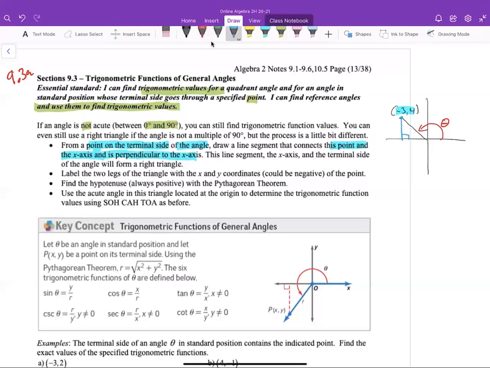It doesn't matter if I am beneath the x-axis, you're still going to draw it up to the x-axis and create a right triangle, okay? Here's the right triangle of interest.